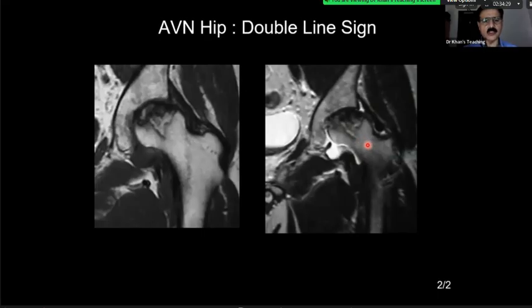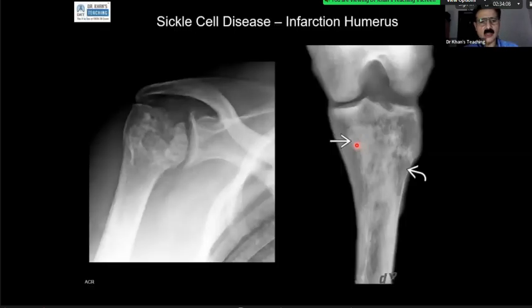Granulation tissue is the interface. In this area, variable intensities can be seen according to how much fatty marrow is there and things like that. But the definition of double line sign I've just told you: interface between normal and abnormal bone, and this is the granulation tissue.